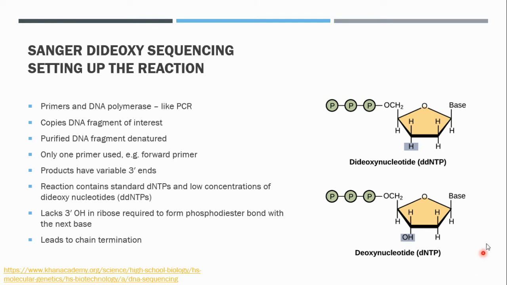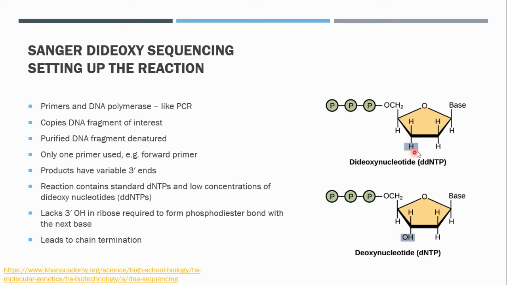So here we have a deoxynucleotide, a dNTP, and on the 3' carbon, there is a hydroxyl group. Now, this hydroxyl group is required for the addition of the next nucleotide on the sugar phosphate backbone. However, if we have a dideoxynucleotide triphosphate, there is no hydroxyl group here.